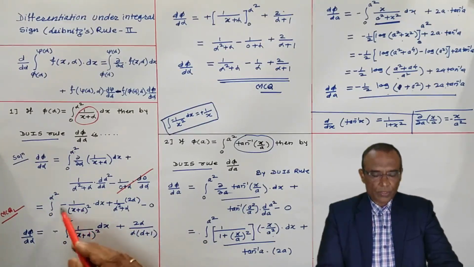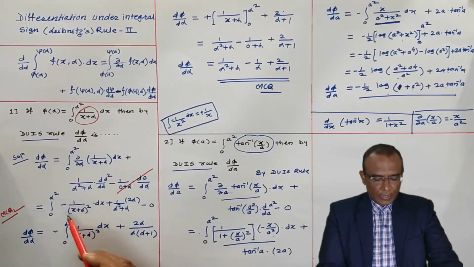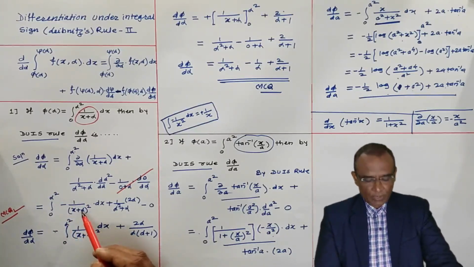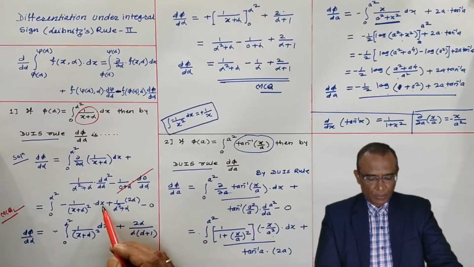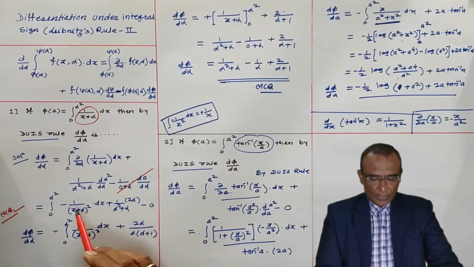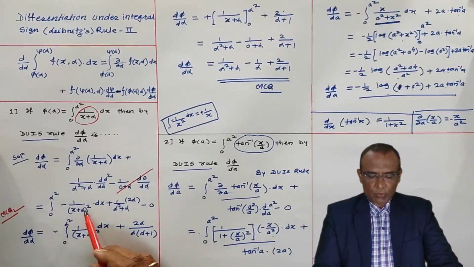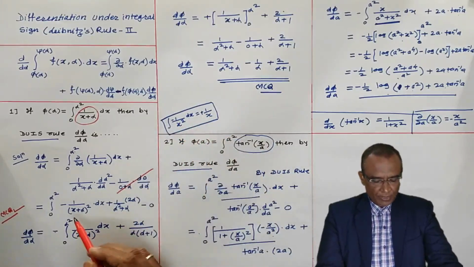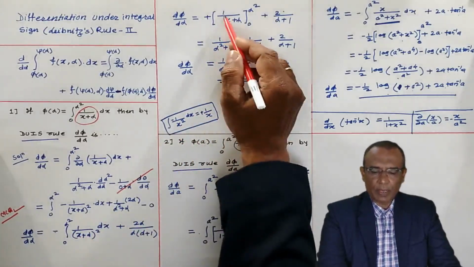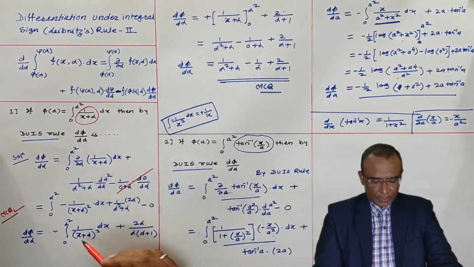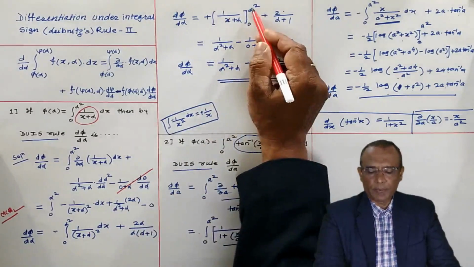Now here in the first term, I want the integration of 1 by x plus alpha whole square, but that integration is with respect to x. For integration, the variable is x. Now the integration of minus 1 by x square is what? The integral of minus 1 by x square is plus 1 by x. In that way, it is plus 1 by x plus alpha. After integration, put the lower limit and upper limit.